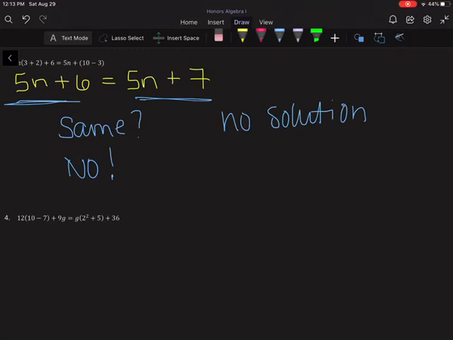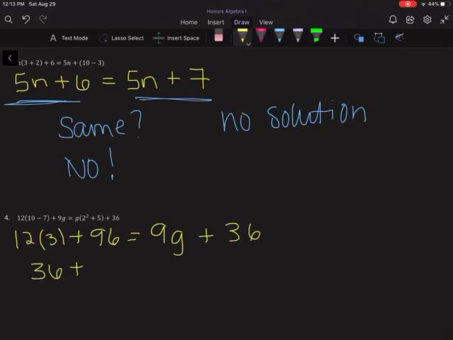So we have 10 minus 7, which is 3, and then so 12 times 3 plus 9g is equal to, and I'm going to evaluate that inside, 2 squared plus 5 is 9, so that's 9g plus 36. 12 times 3 is 36 plus, ooh, look, I put 996 there, not 9g.